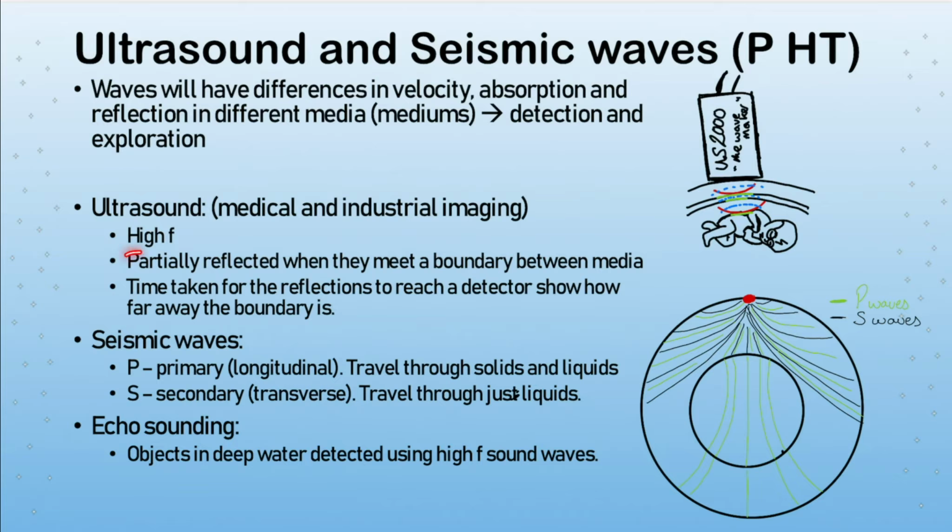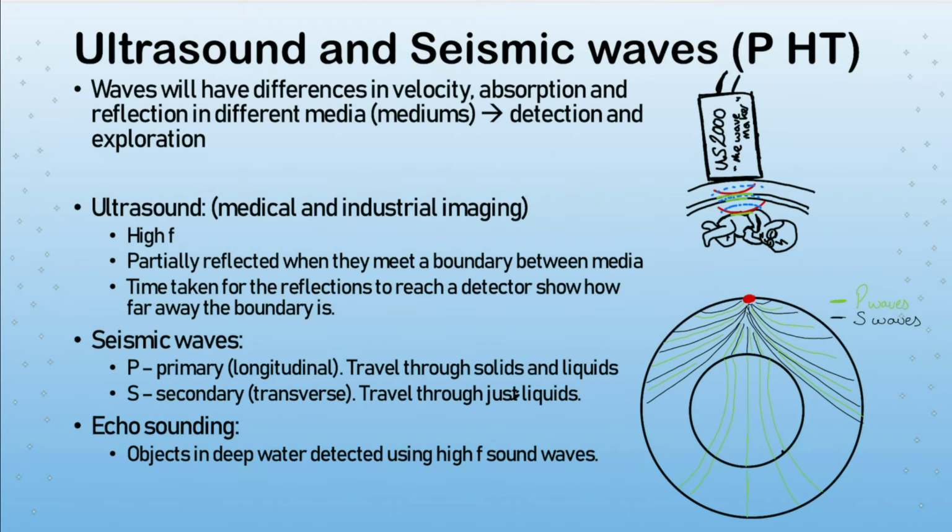So they have a high frequency, and what happens and why they're useful is because when they hit a boundary between media, so let's say between skin and tissue fluid, or between amniotic fluid and a baby's skin, we have a partial reflection. So that means some of the waves are reflected, but not all of them.